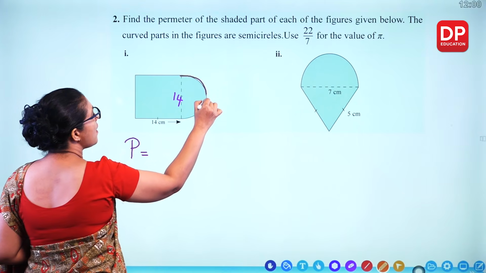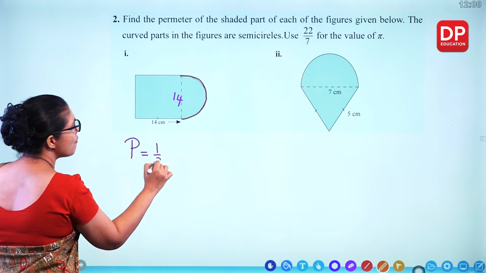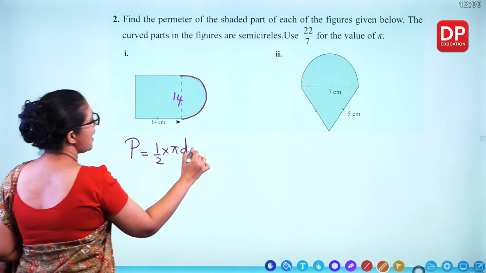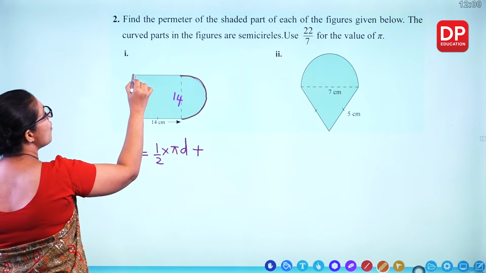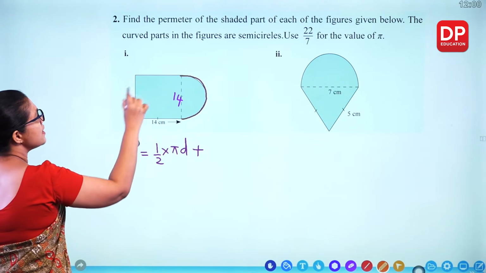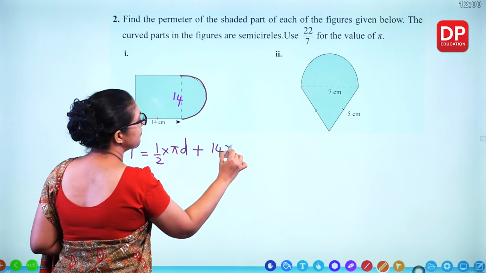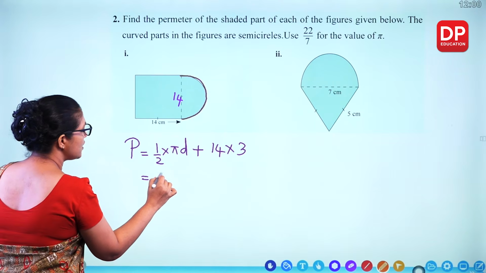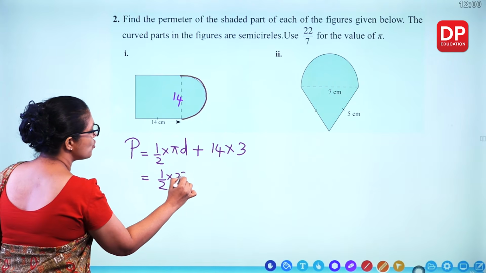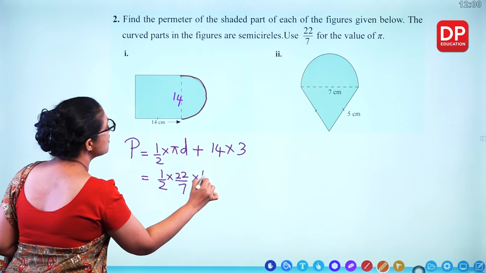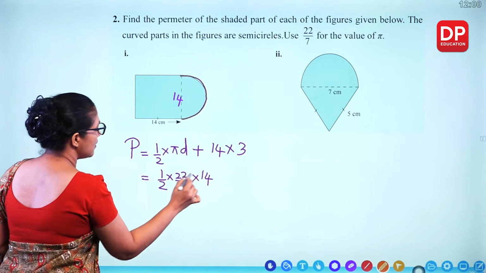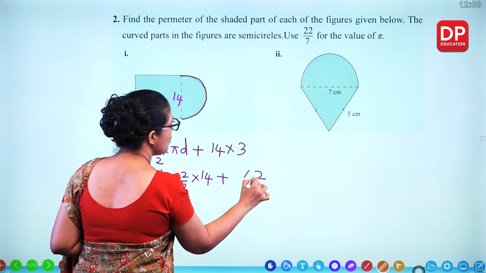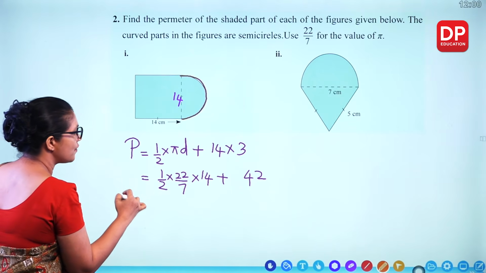We'll find this part, half of pi d, plus 14 three times. Now substitute the values. Half pi is 22 over 7, d is 14, plus 14 times 3, which is 42.